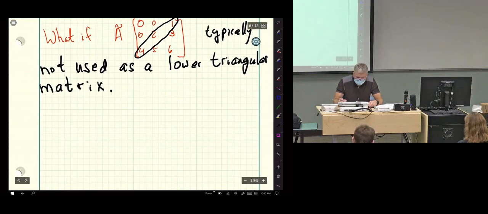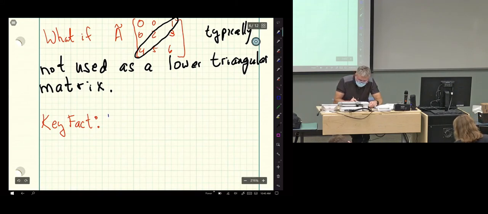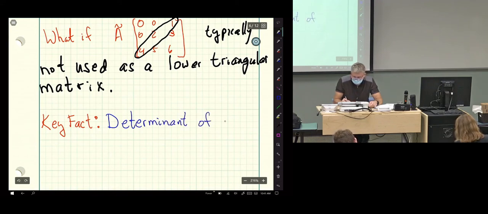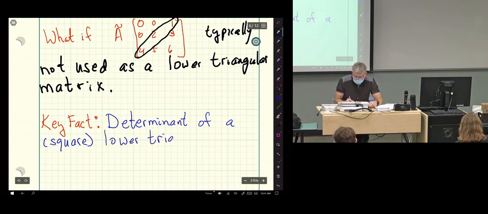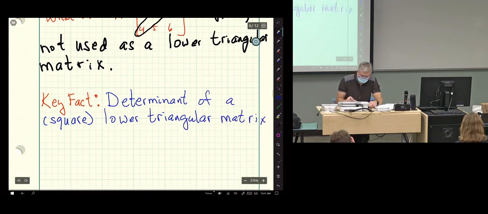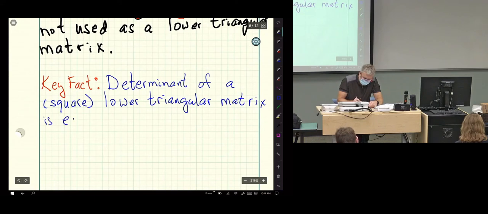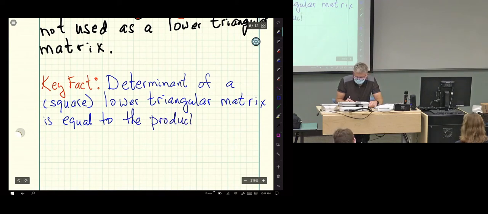So the key fact that we're going to have about the determinant, and I'll emphasize that we're using square matrices for the moment, is that the determinant of a square lower triangular matrix is equal to the product of the terms on the diagonal.